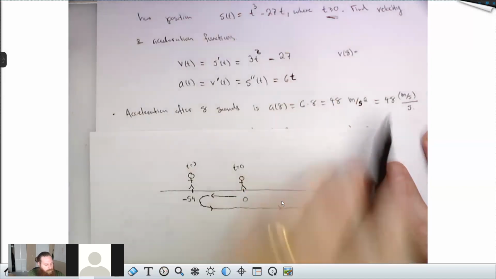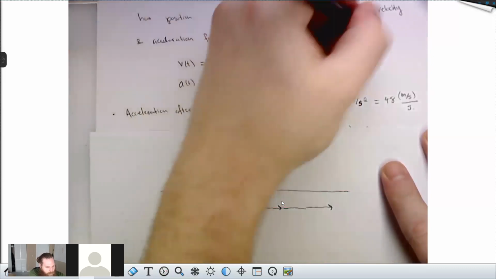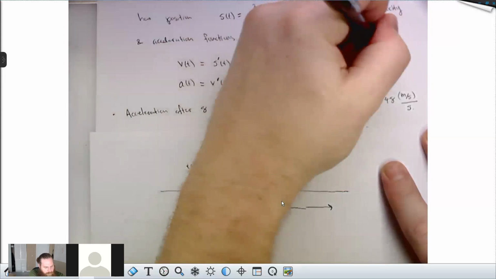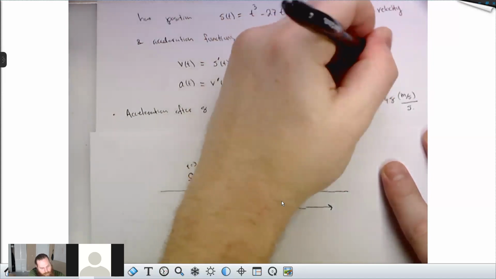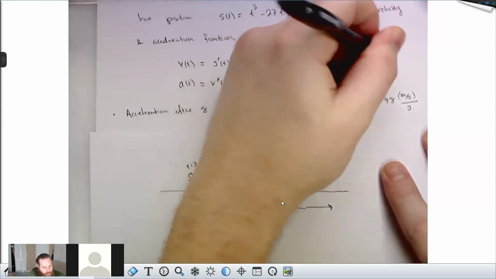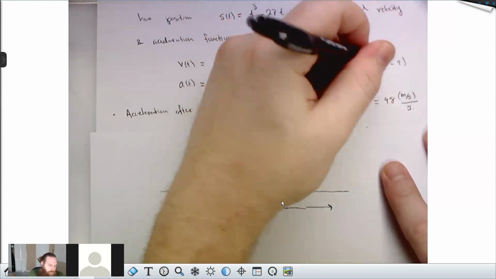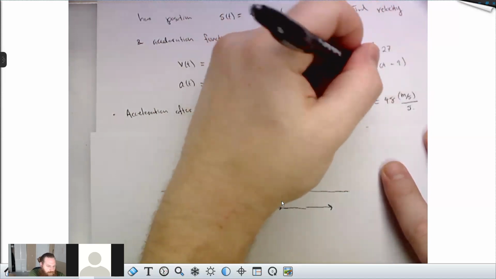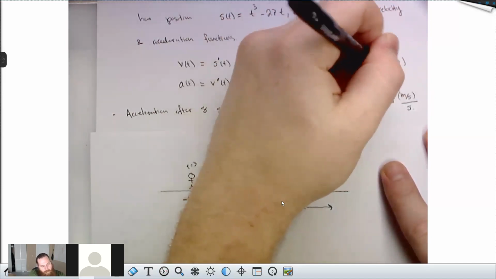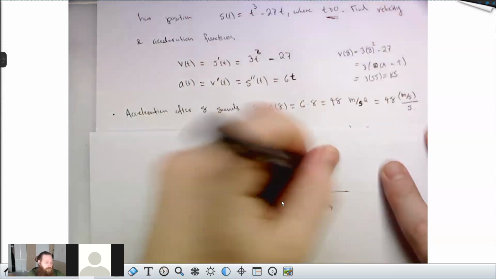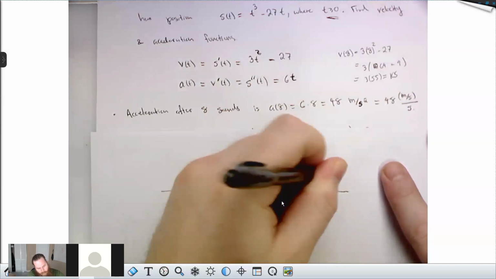We know that our acceleration was 48 meters per second squared, but v of 8 is 3 times 8 squared minus 27, which is 3 times, I would write it as this, 64 minus 9, so factor out the 3, 64 minus 9, that's 55, so this is 3 times 55, which is 150, plus 15 is 165. So he's really hauling over here. He's going, I'm flying.